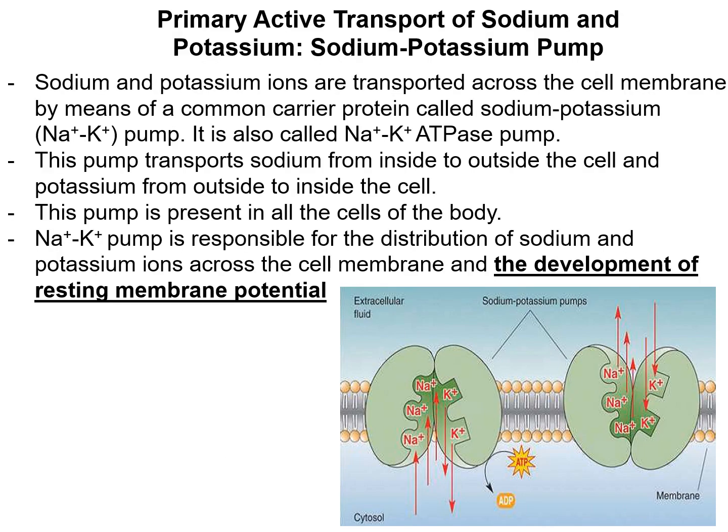The main and most studied example of primary active transport is the sodium potassium pump. It is a very important pump. It moves sodium and potassium against the concentration gradient, and because it is primary active transport, it requires energy in form of ATP. If we look at this picture, we have a phospholipid bilayer and this sodium potassium pump.